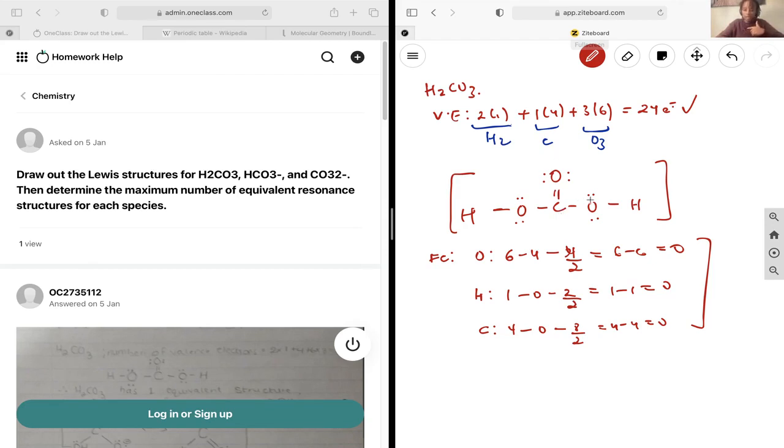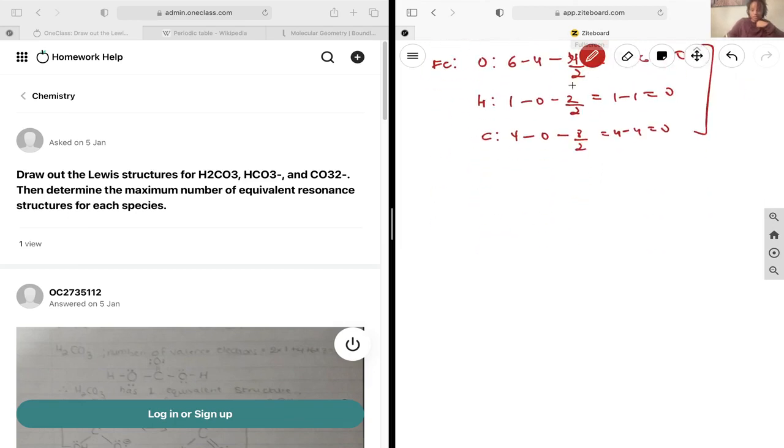Same thing here. If we decide to move these lone pairs on their own, it would mess up the charges and make them non-zero. And so this only has 1 equivalent resonance structure. For the following ones, that may not be the case.